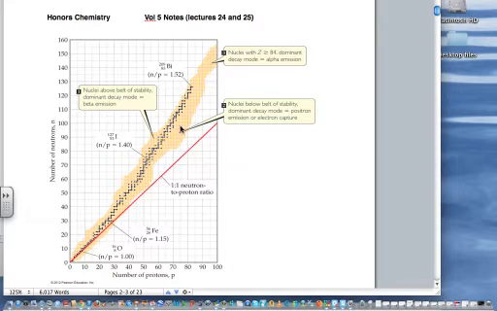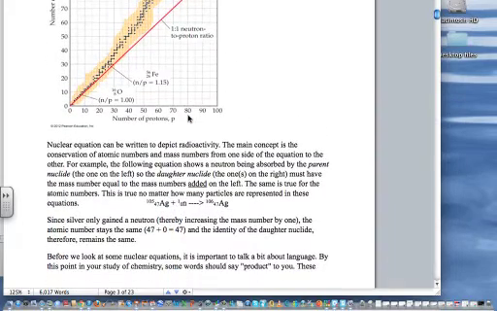If you're below the belt, the line of blue dots, then positron emission or electron capture is your primary mode of decay. And then up here with atomic numbers greater than 84, your dominant mode of decay is alpha emission. So this just gives us an idea of why certain atoms are unstable. It is because of the numbers of protons and neutrons, and depending on what those numbers are and where they fall on this graph will tell us what type of decay they're going to have.